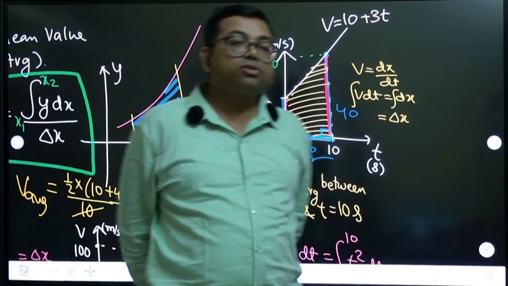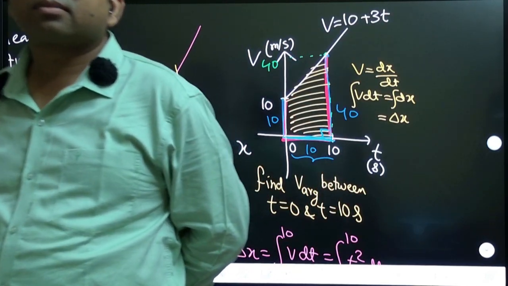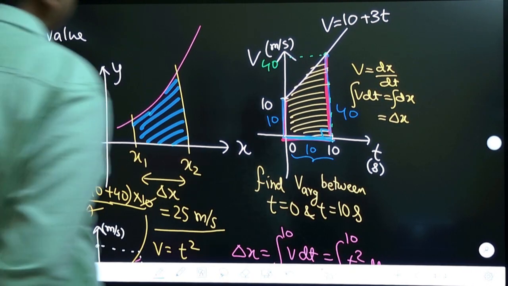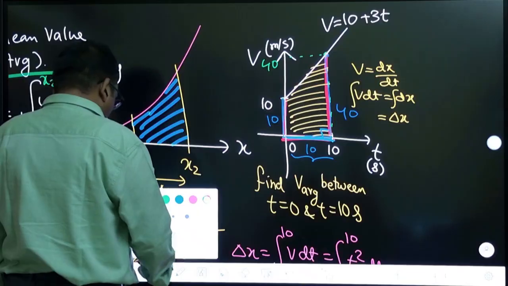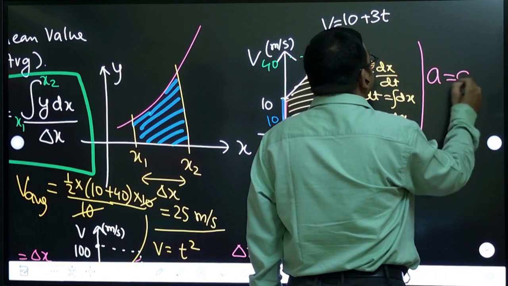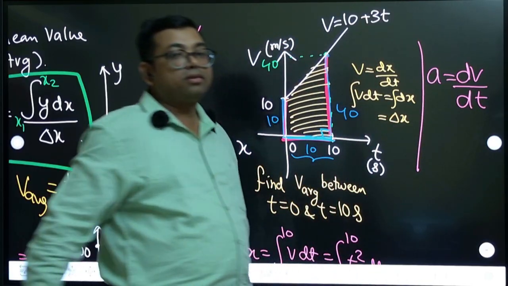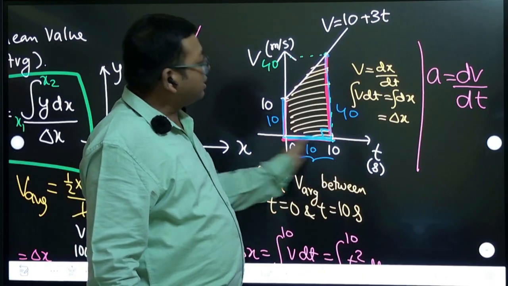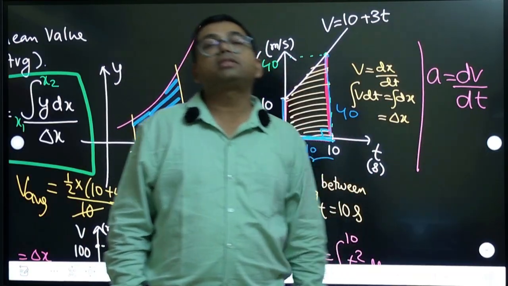Okay, tell me, what is the slope of the velocity time graph? Tell me the acceleration formula. Acceleration formula is dv by dt. Correct. In the velocity time graph, what is dv by dt?